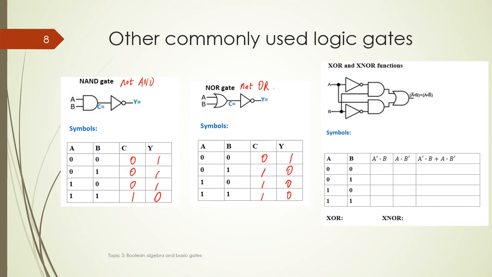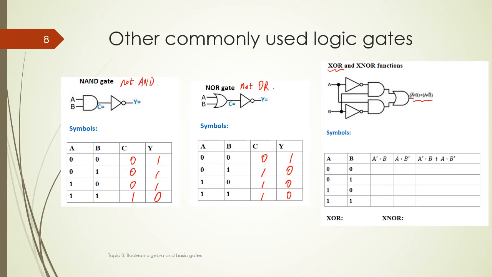And also we have a special logic gate called XOR. So XOR is not really one gate circuit. It's basically composed of multiple gates to realize a specific function. And if you check this logic diagram here, you will get the output function equal to this.